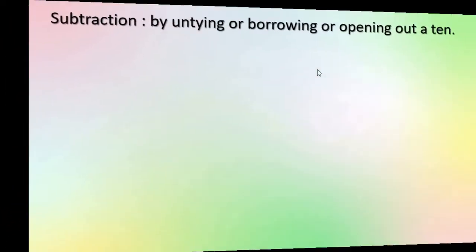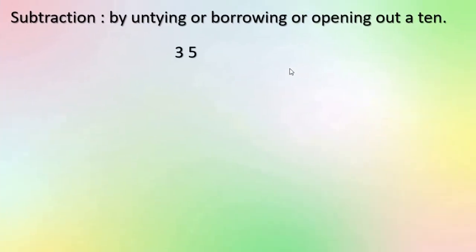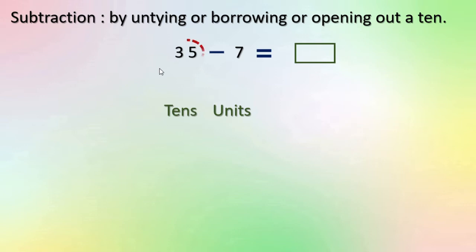Okay, one more we will try. 35 minus 7 is equal to how much? Okay, here 35. How will we write? Here also 7 is greater than 5, correct? So we will untie one of the tens.